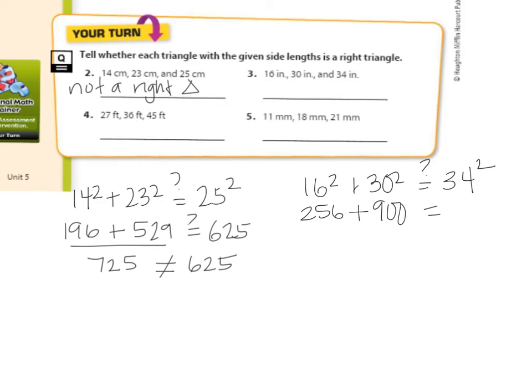And then we're going to see if that is equal to 34 squared, which is 34 times 34, 1156. We're going to add these two together, 900 plus 256, and we get 1156, which is equal to 1156. So A squared plus B squared is equal to C squared. So this is a right triangle.